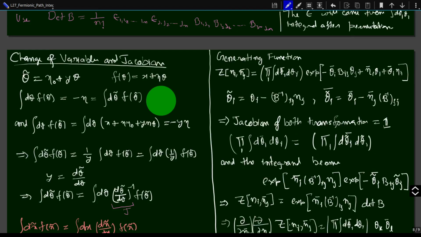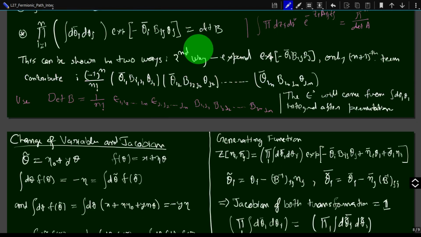Now, having played with this Gaussian integral, you remember when we were talking about the Gaussian-like integral, we had this generating function for all the moments. So let's just write my generating function Z of eta i and eta j bar. So these are two vectors.